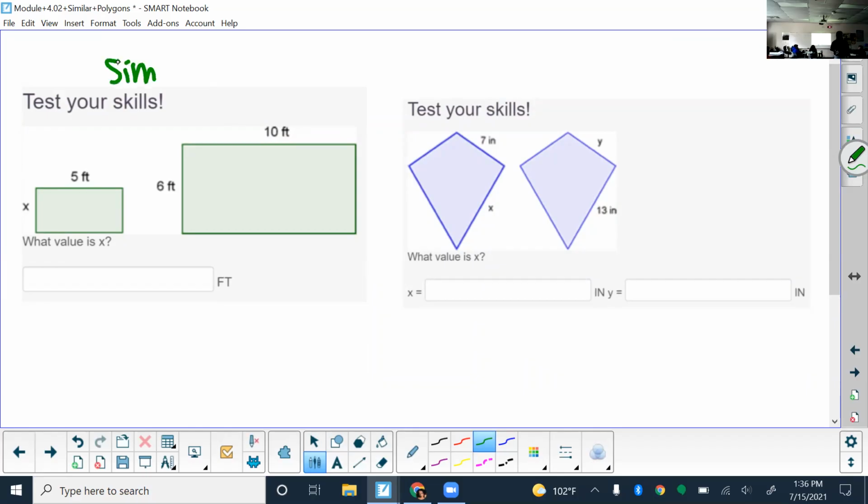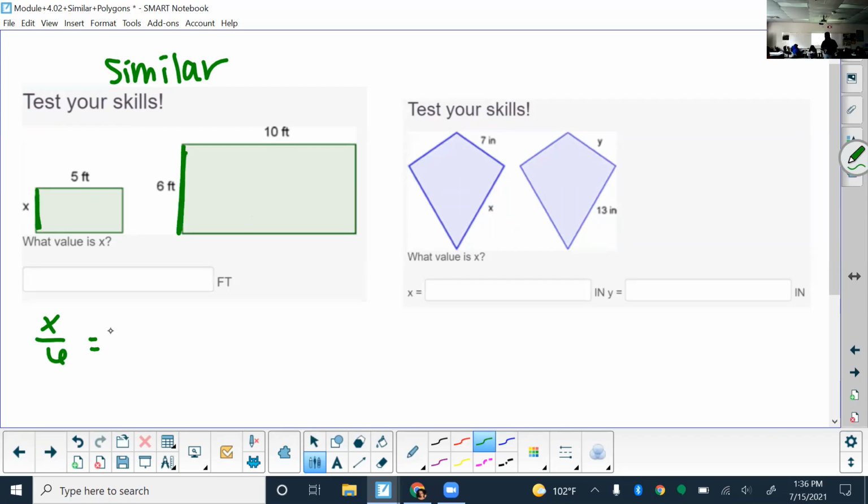All right, these are definitely similar, which means that their side lengths are different, but they should still be proportional to each other. So you could set up a proportion. I could put the smaller rectangle on top and the bigger one on the bottom, and I'm putting the corresponding sides together.